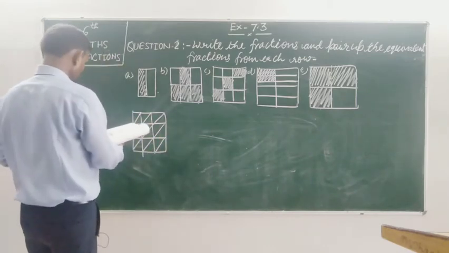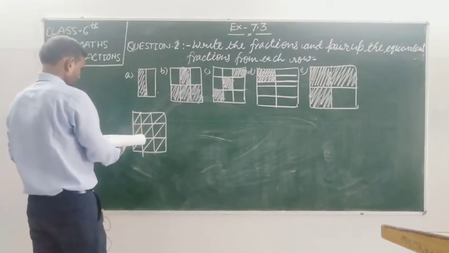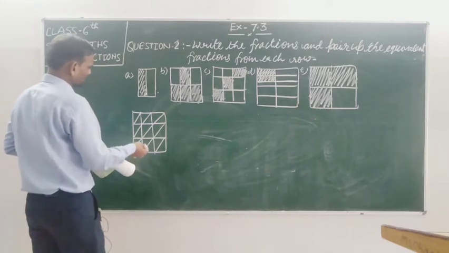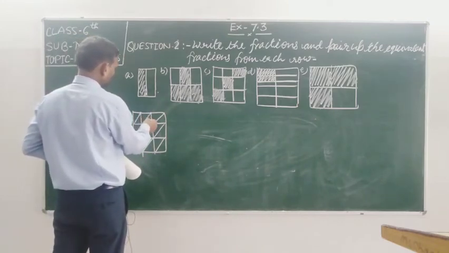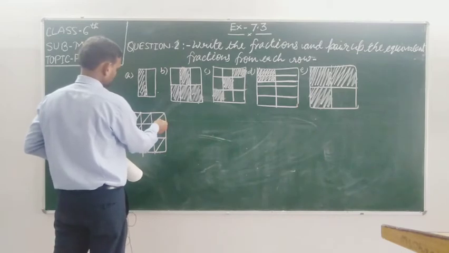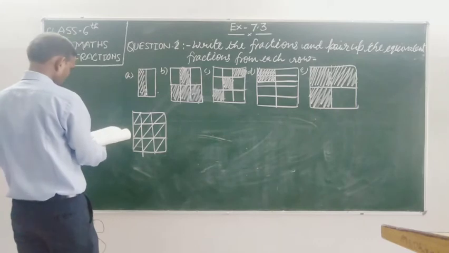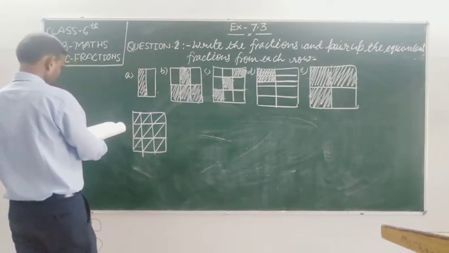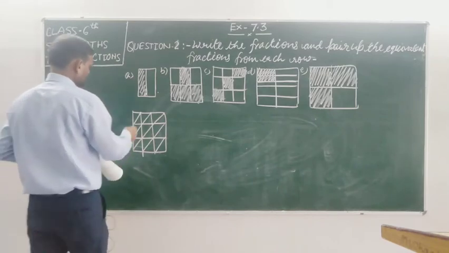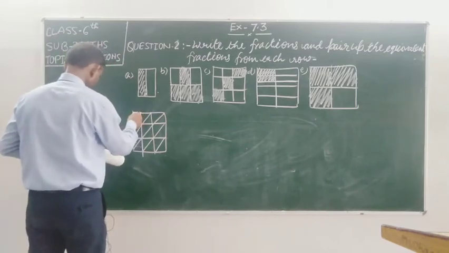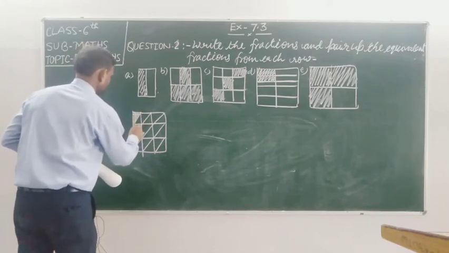this is the figure, student, and total number of triangles you can count 1, 2, 3, 4, 5, 6. 6 3 is 18. 18 triangles are created in this rectangle, and out of 18, 6 triangles are shaded. 6 are shaded like this.